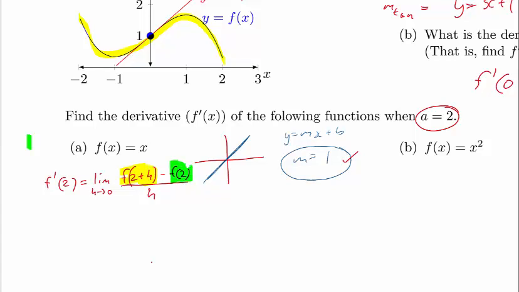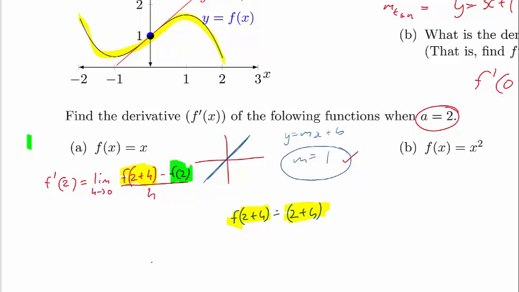So we need to evaluate this. Let's do a little side work over here. I'll do it in blue so you know it's side work. f of 2 plus h, and we're plugging it into this guy here. Well, that's just simply 2 plus h. Whatever shows up here, you put right there. And so that's what we have here in yellow.